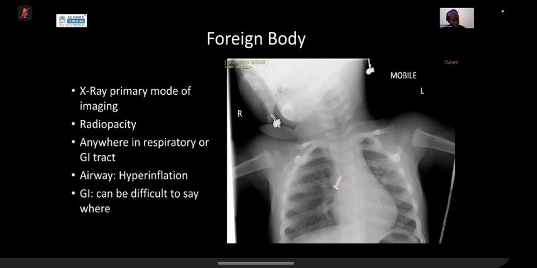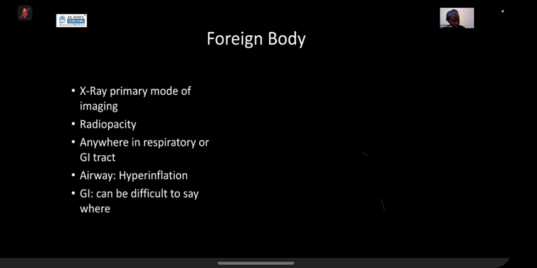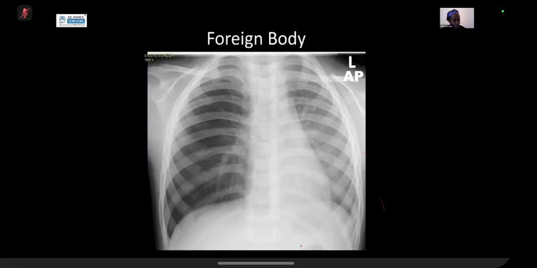Features that might suggest to you that there is a foreign body, but you can't actually see it because it's not radiopaque, are, on a chest X-ray, you can see air trapping. So basically what you'll get is a hyperinflated lung or part or lobe of the lung, and that will look more radiolucent than the other lung, because air can go in but it can't escape, so you've got air trapping within that lung.